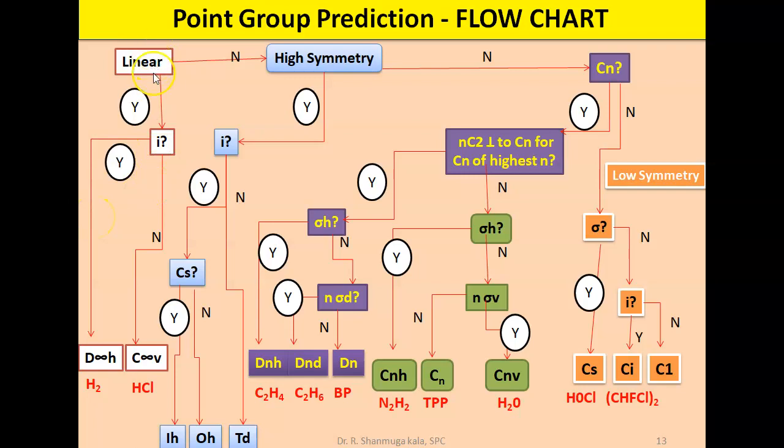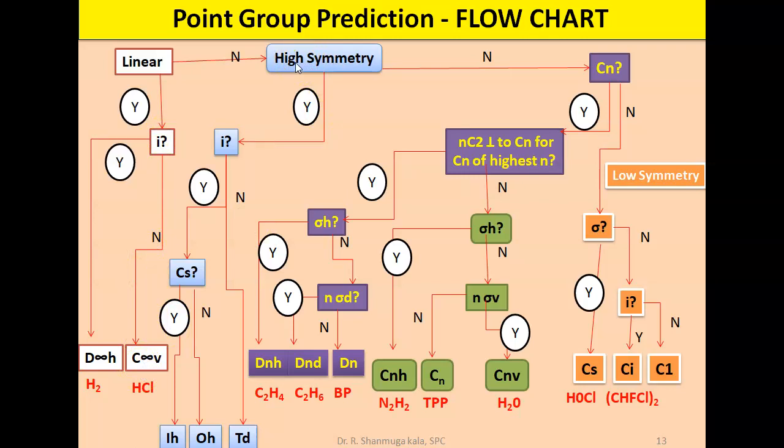If the molecule is linear, then find whether the molecule has a center of inversion, right? Which linear molecule contains a center of inversion? Only homonuclear diatomic molecules, right? So if the molecule contains a center of inversion, then the point group is D infinity h. And if there is no center of inversion, the point group is C infinity v.